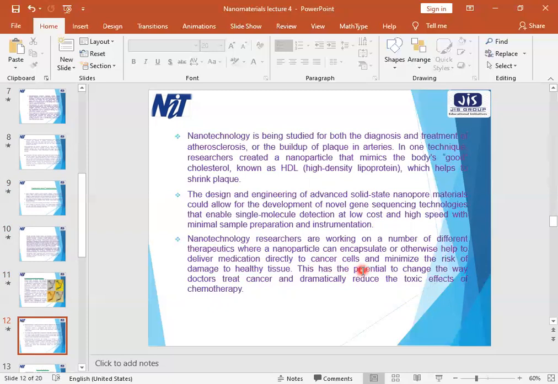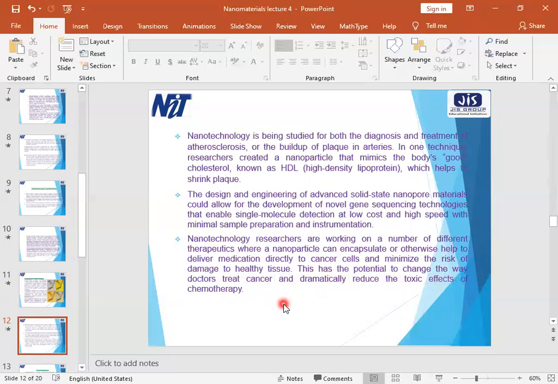I have shown you in the last class how in multi-walled carbon nanotubes, the medicine or different material can be put, which will act as the nanomedicine to minimize the risk of damage to healthy tissue. This has the potential to change the way doctors treat cancer.